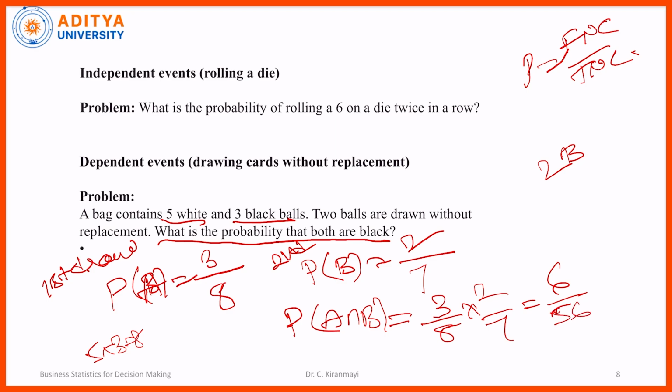So, 6 by 56 is the probability of getting black balls in the first and second draws. This is how we can apply the multiplication theorem in case of independent events and in case of dependent events.